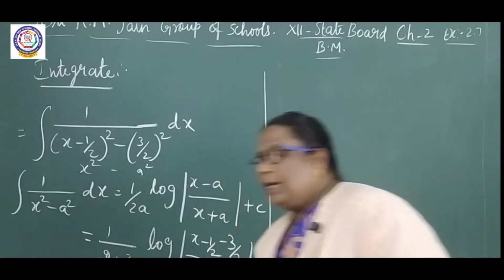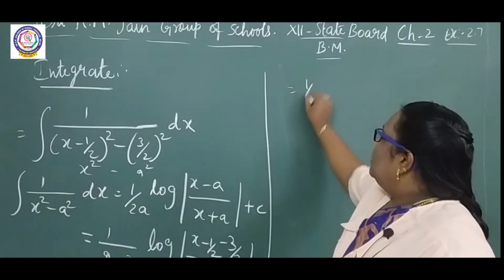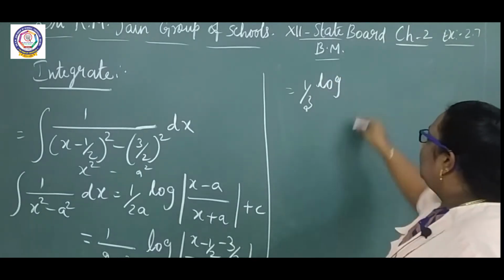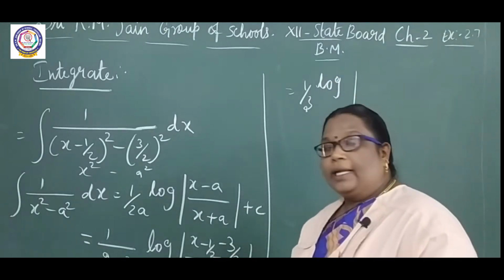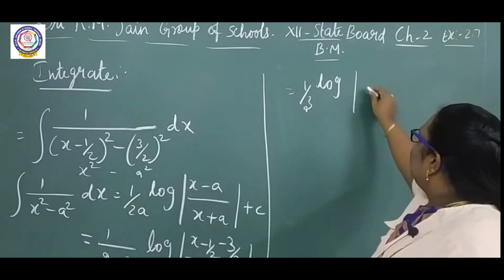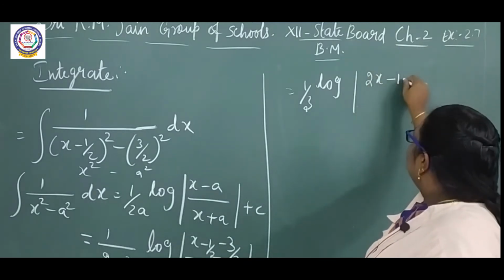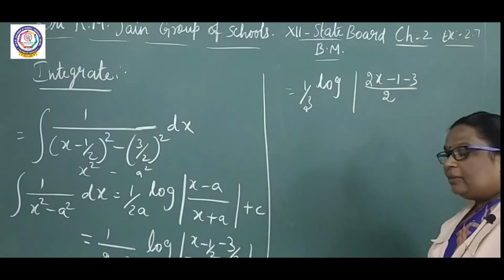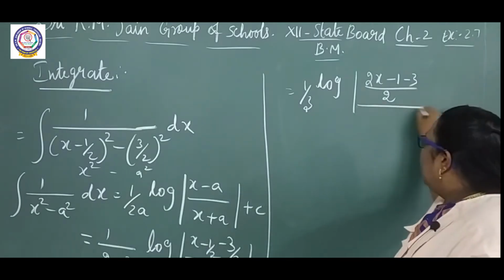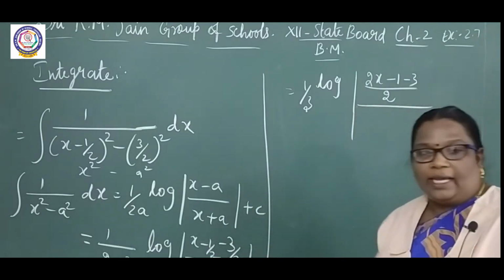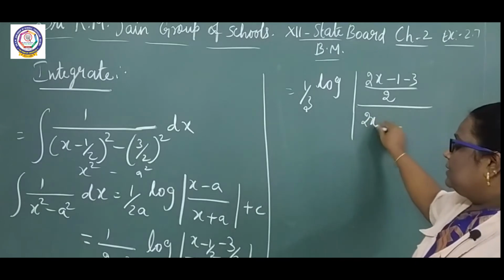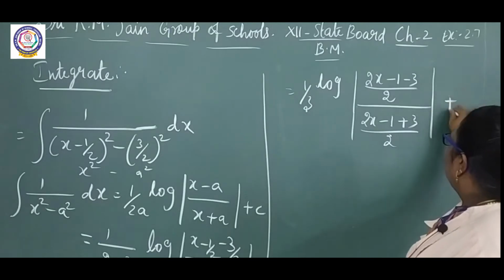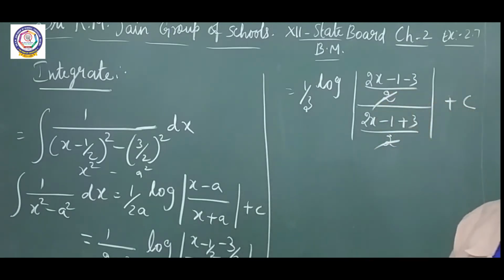See, 2 gets cancelled. So it gives 1 by 3 log of modulus of, you can take the LCM as 2. So it gives 2x minus 1 minus 3 by 2, the whole divided by, the same thing, you can write 2x minus 1 plus 3 by 2, plus c. 2 gets cancelled.